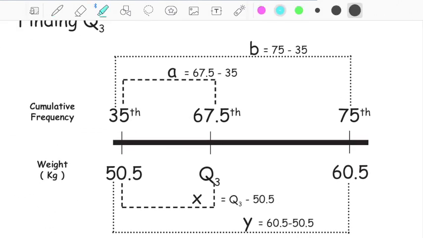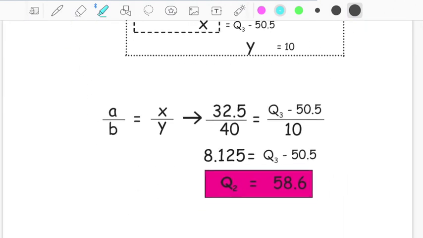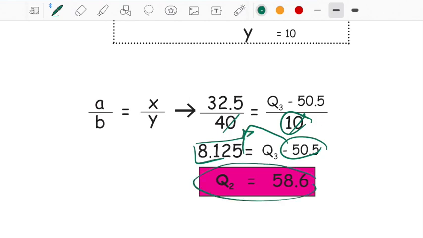So I'm saying that A over B is equal to X over Y. Then you write out the value of A over B and X over Y. Again, now you cross multiply. Just cross this up or cancel the 0 out. Divide it. You get this. And move this to the other side. So I'm getting the value of my Q3. This is Q3 as 58.6.